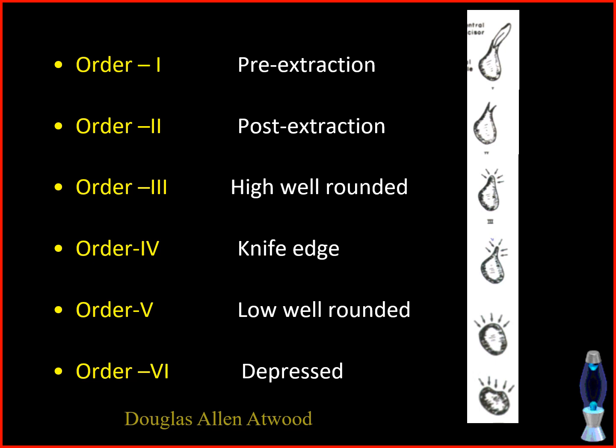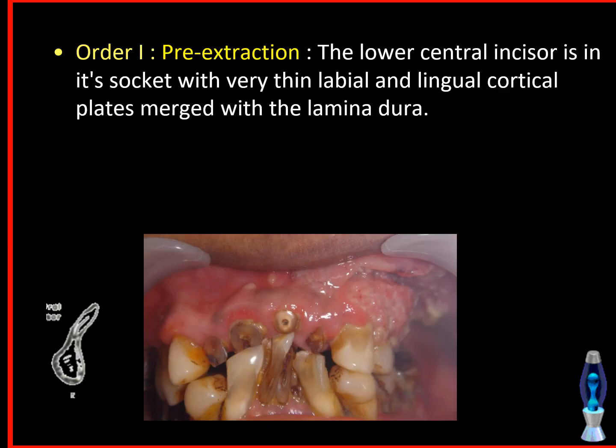In order 4, because of resorption taking place on the buccal as well as lingual aspect, the residual ridge becomes knife edge. As the years go by, the resorption continues, leading to a low well-rounded ridge, which then leads to a depressed type of residual ridge, which is order 6.